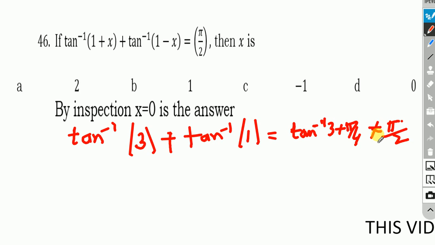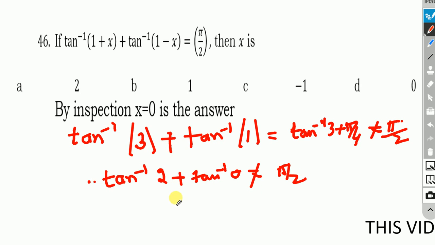When you give 1 here, that is option B, I will have tan inverse of 2 plus tan inverse of 0. Obviously this is also not equal to pi by 2. When you give x equals minus 1 also, you will not get pi by 2.